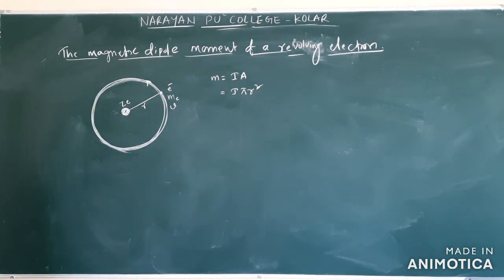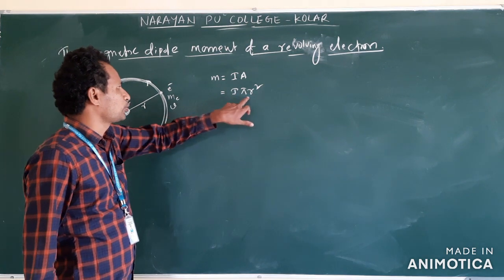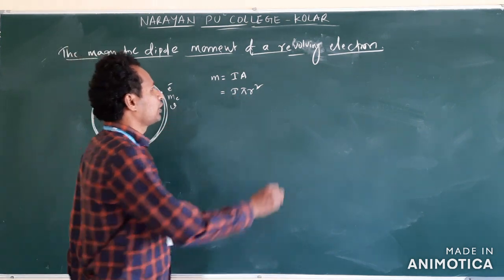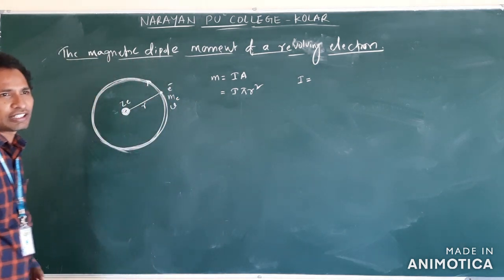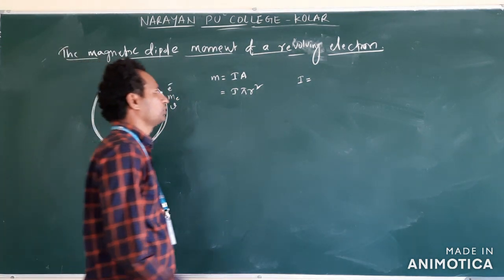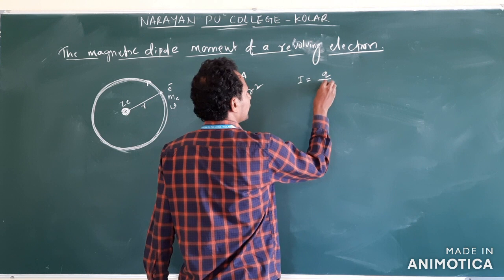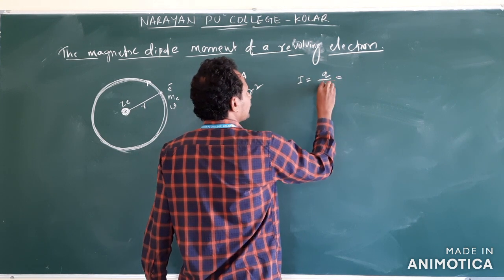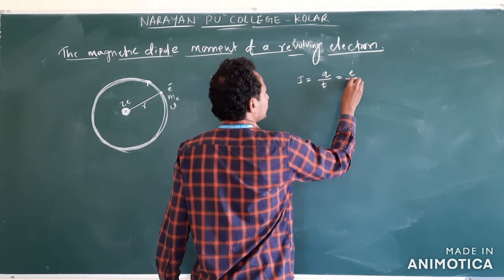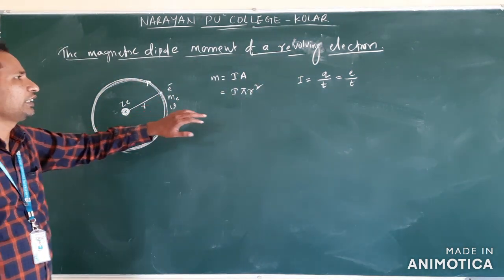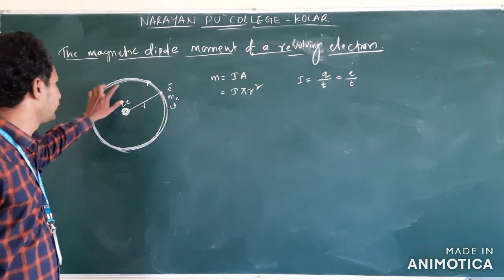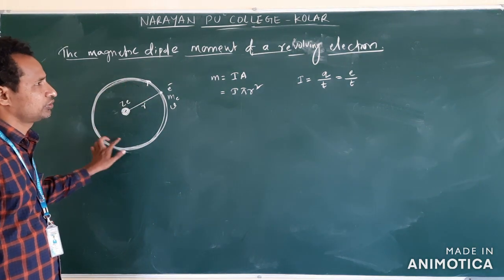Next we need to find I. I is what? Already studied in current, charge flow, that is Q by T. Here the charge is the electron charge E, by time. T is the time to complete one revolution.